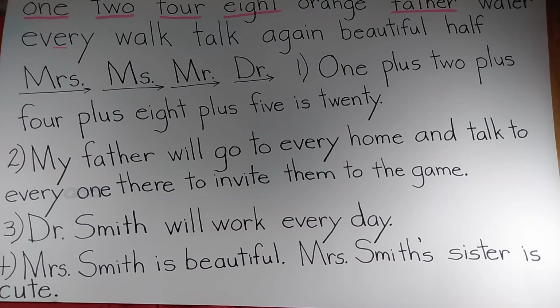But older students, they could work it out on their own, and they would find out that 1 plus 2 is 3, plus 4 is 7, plus 8 is 15, plus 5 is 20. That's true.